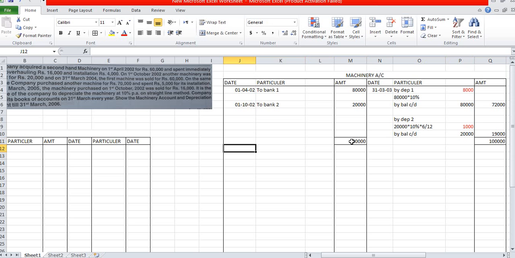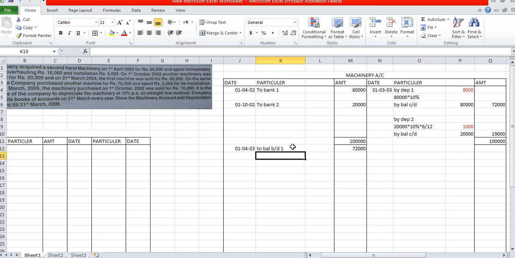Okay, 1st April 2003, to balance brought down, this for first machine. How much is the balance? 72,000.